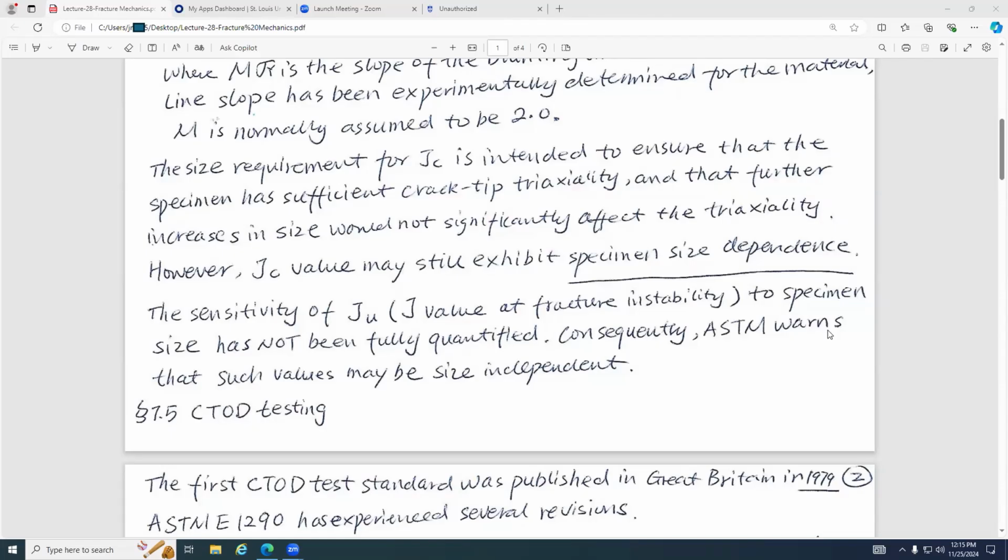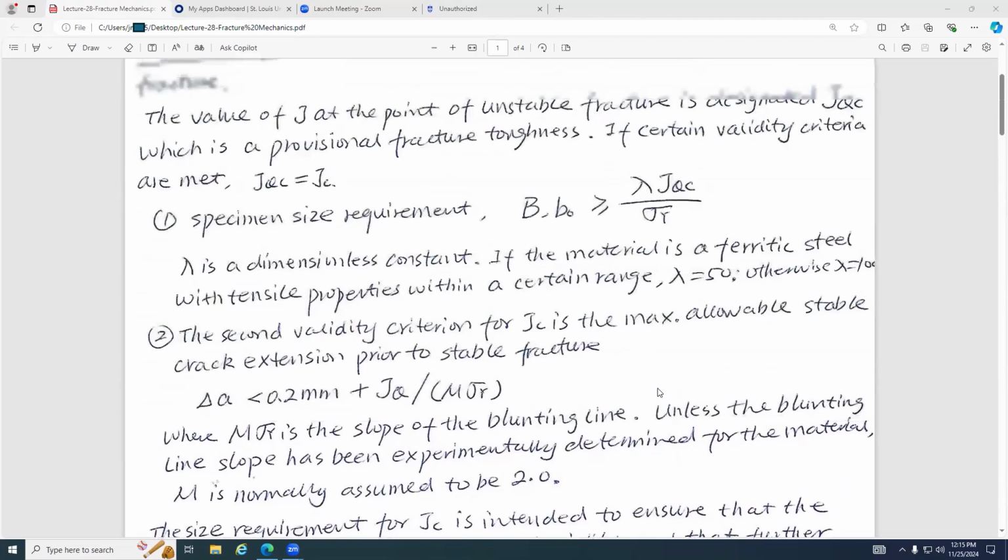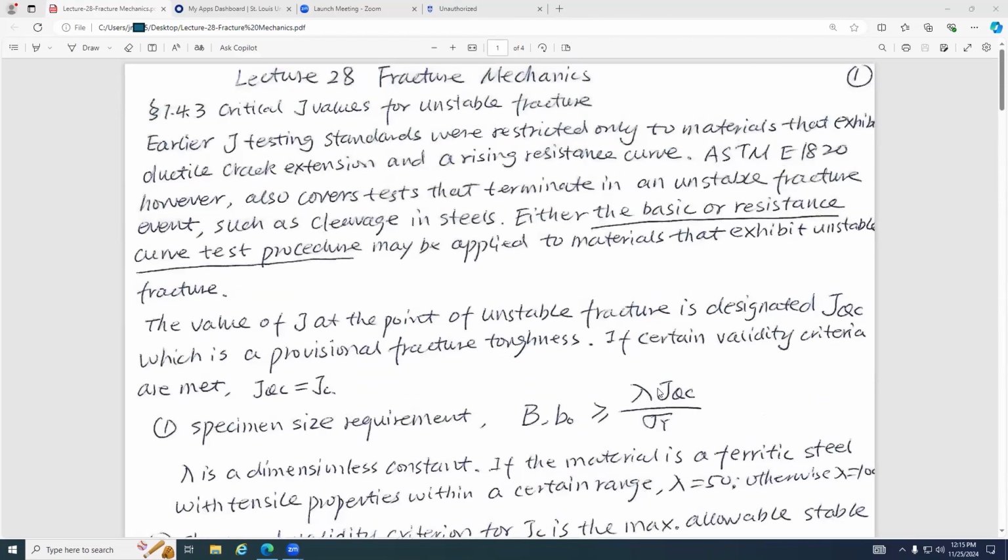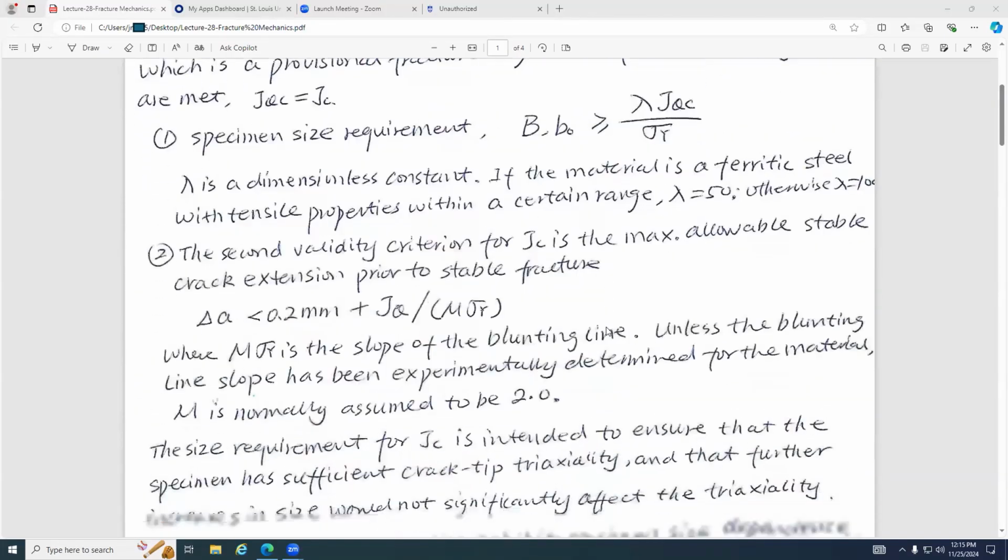So this is the reason that when you do the experiment, if your experimental results are different from other people's results in the literature, don't be confused, okay? Don't be astonished. So this is section 7.43, which talks about critical J value for unstable fracture.